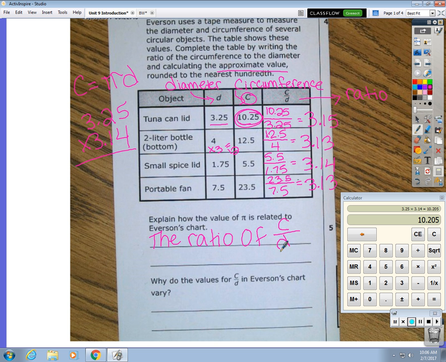Circumference to diameter is approximately equal to pi. Okay, so in Everson's chart, what it wanted you to see and get a pattern for, is that the ratio of the circumference of a circle to its diameter, when you divide circumference by diameter, is approximately pi.